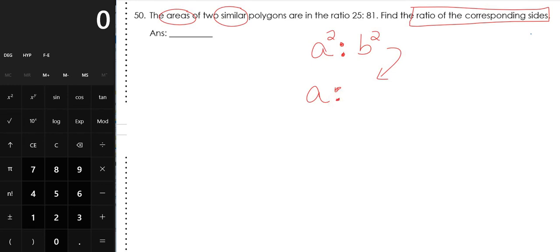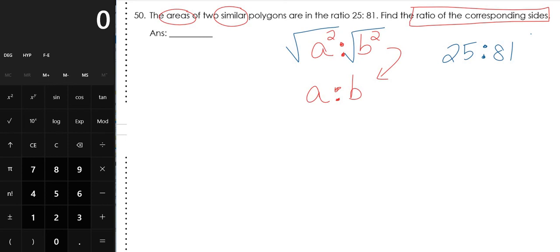So to get back to the regular ratio of just A to B, A to B, we would have to square root A squared and B squared, and that would get us back to A to B. So we are given 25 to 81 as the ratio of the areas. Remember, that is the regular ratio squared.